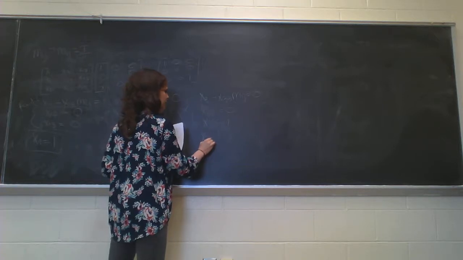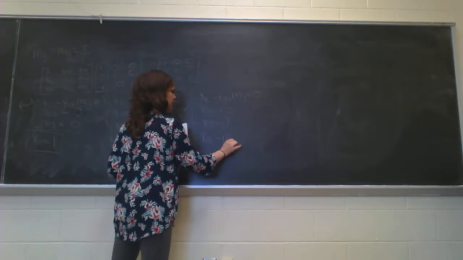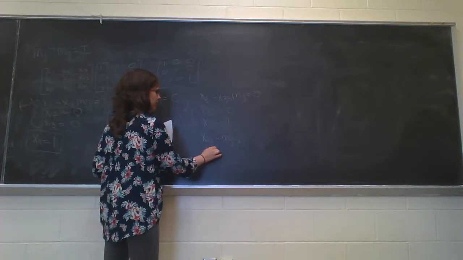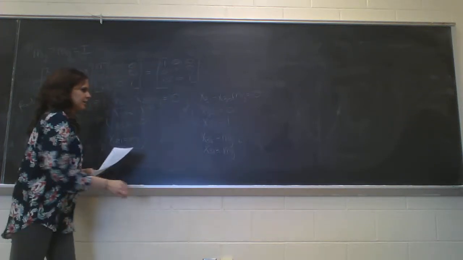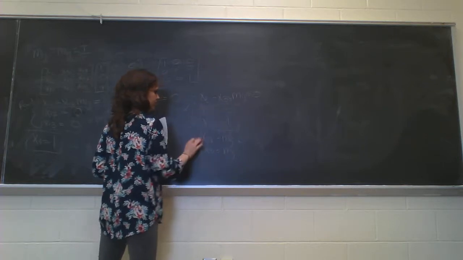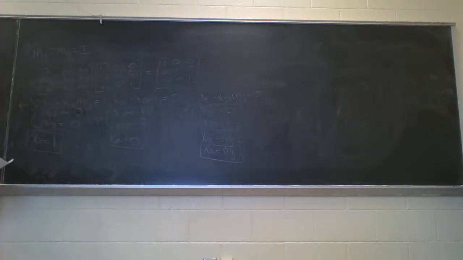So I have x31 minus Mij equals 0. So x31 equals Mij. So now I have row 3 now.